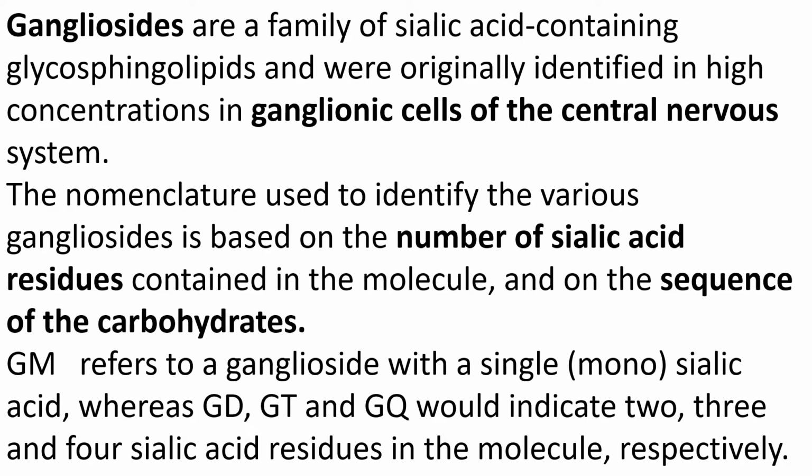We call them GM. GM means a ganglioside having a single sialic acid residue in its structure. M stands for mono. Similarly, GD means 2 sialic acid residues, GT means 3, and GQ means 4 sialic acid residues are present in the ganglioside structure respectively.